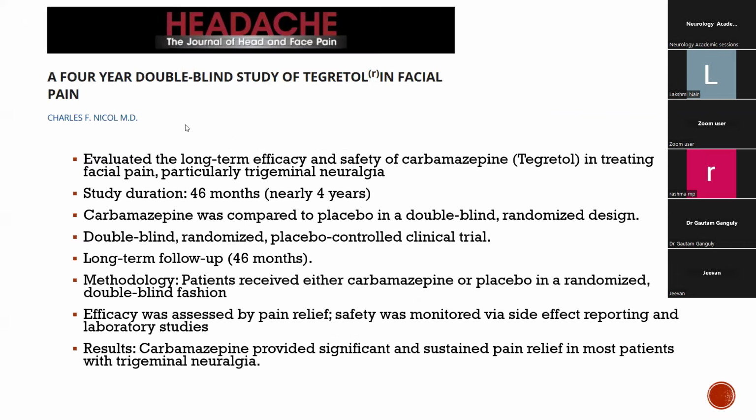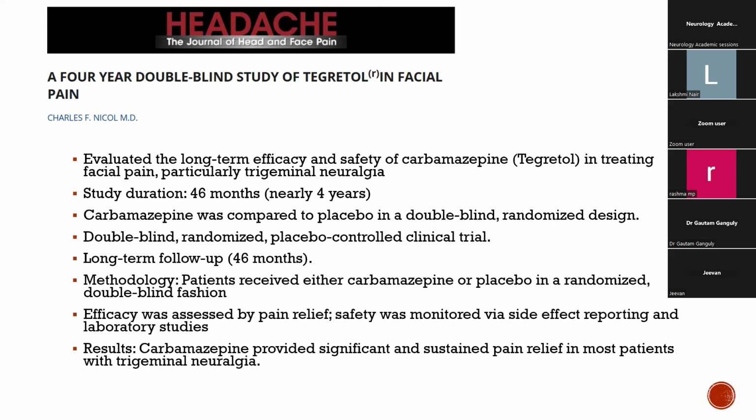This is another 4-year double-blind study of Tegretol, which evaluated the long-term efficacy as well as safety in treating facial pain, particularly trigeminal neuralgia. The study duration was 46 months, nearly 4 years, and carbamazepine was compared to placebo in a double-blind randomized design.